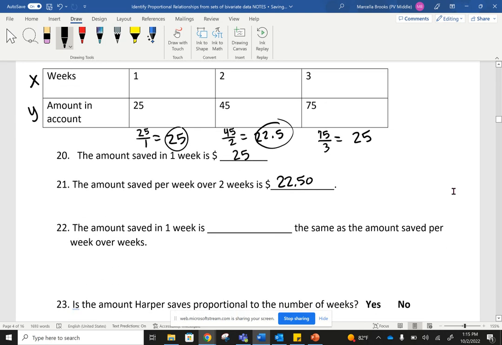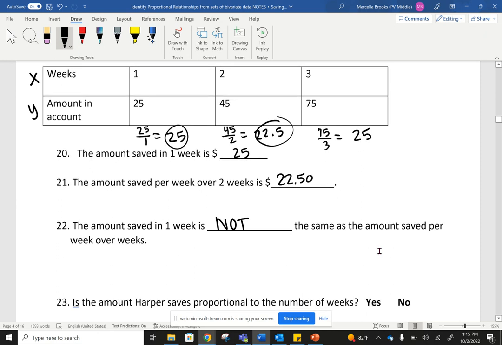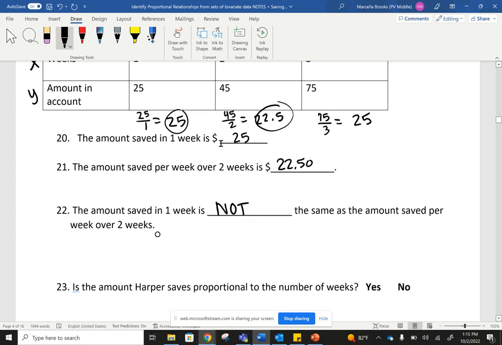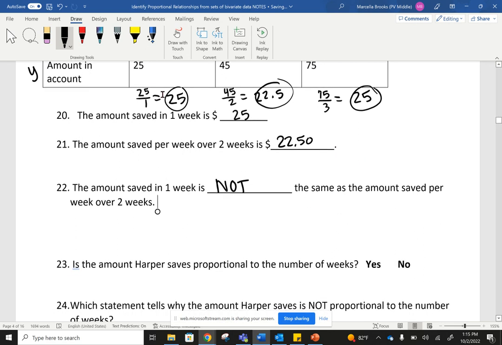So the amount saved in 1 week is not the same as the amount saved per week over, let's say, 2 weeks. So if these numbers are not all the same, even though 2 of them are the same, 1 of them is not.